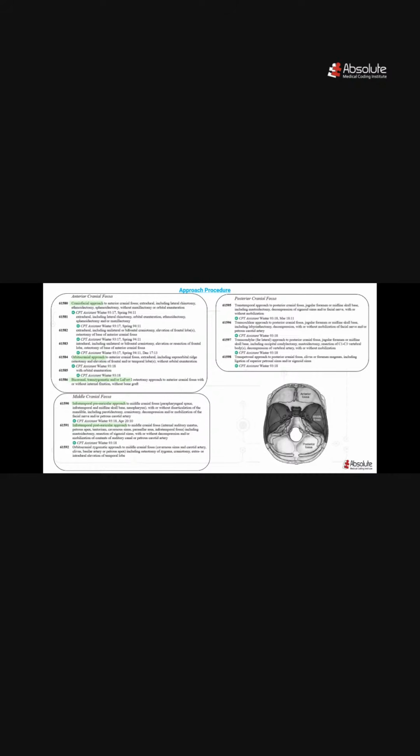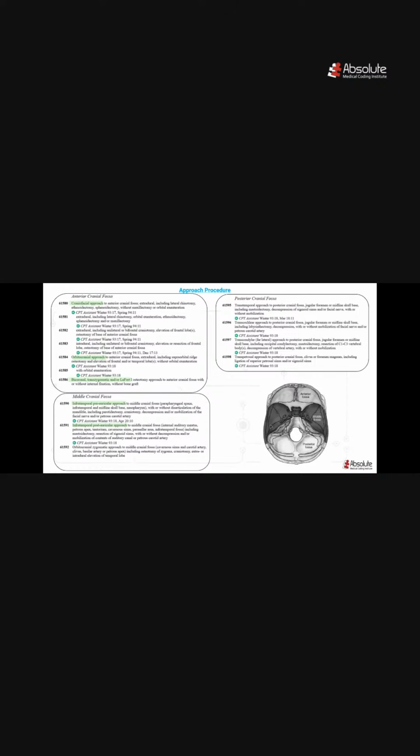And it passes through the infratemporal fossa to gain access to the middle cranial fossa. And then we have CPT code 61591. This describes an infratemporal postauricular approach. Postauricular means it's behind the ear.